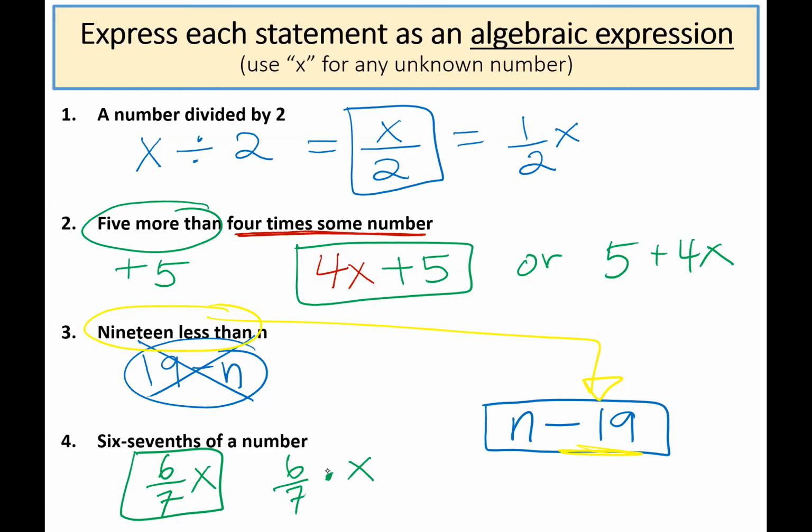Definitely don't write 6/7 and then use the X symbol for times. Now we have actual X variables. That's really confusing. So just write 6/7 x. Yet another way to write this, you could write 6x over 7. If you stick that x into the numerator, that would also be okay. But I think the best answer is the one we circled, which was the original one, 6/7 x. Just put it right next to it.